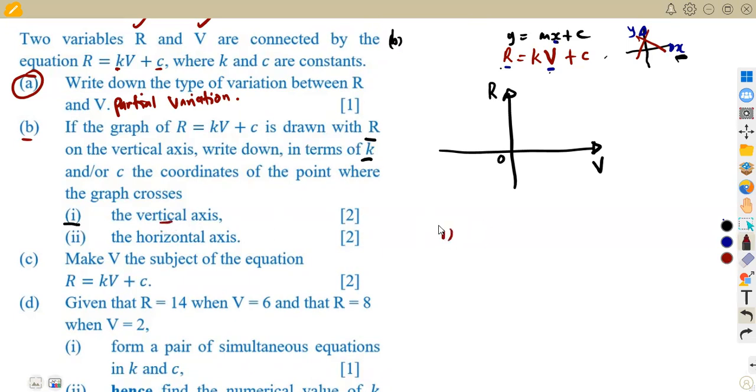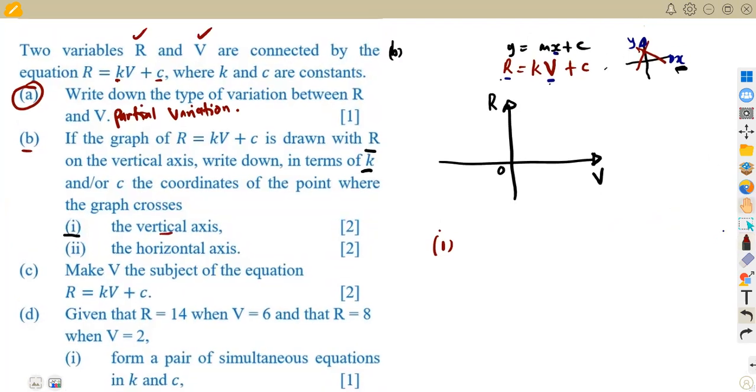So you are back to your understanding of graphs to say, what is it that happens on our graph here? If it crosses the vertical, which is the y-axis, we know that in the y-axis, x is equal to 0 from our straight line graphs. In the y-axis, that is the vertical axis, x is equal to 0. And x in this case is representing v. Remember, we said x represents v.